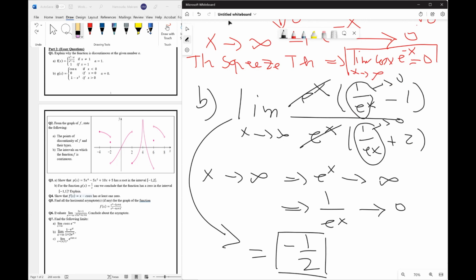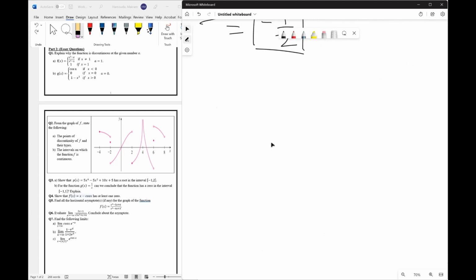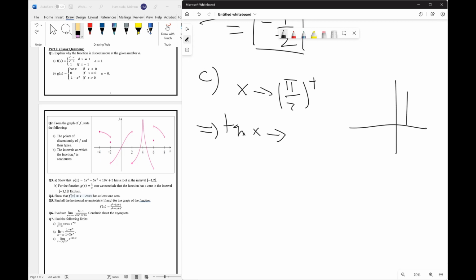Okay. And the last question here, question C. We want to compute the limit of exponential tan x when x approaches pi over 2 plus. Let me recall what happens for the tan, it is something like that.